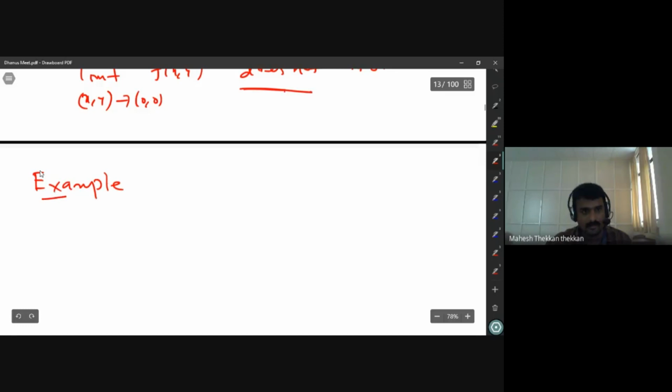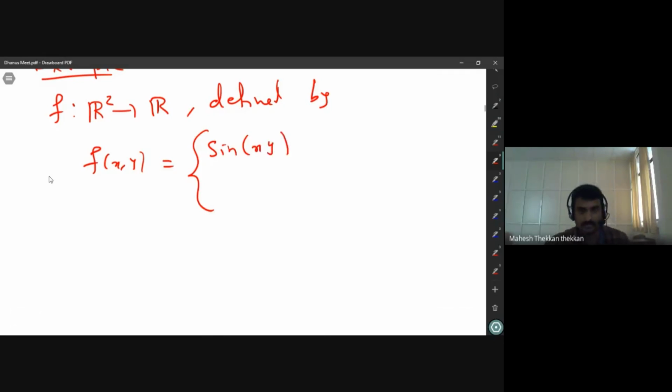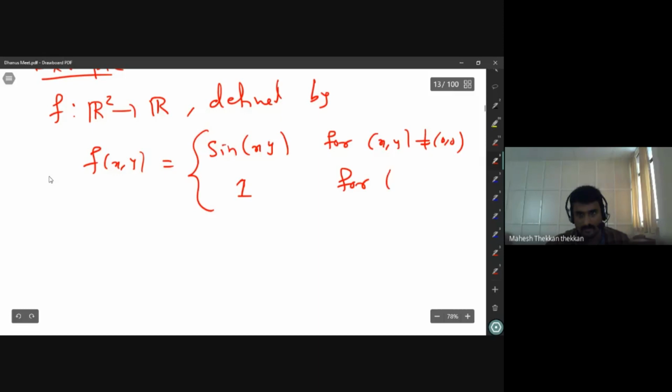Let f from R2 to R be defined by f of (x, y) equal to sine of xy for (x, y) not equal to (0, 0), and this one I define as 1 for (0, 0).